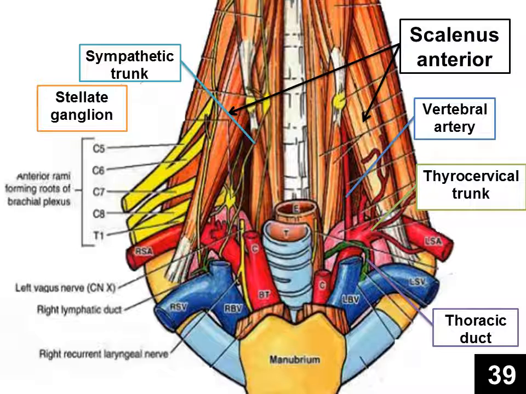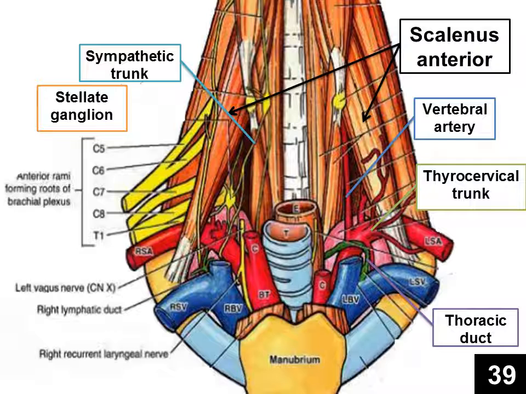Some fibers go to the second rib, which some anatomists call scalene posterior, inserted into the second rib. Now what's the nerve supply? Ventral rami of cervical nerves. The action is to laterally flex and rotate the cervical part of vertebral column.